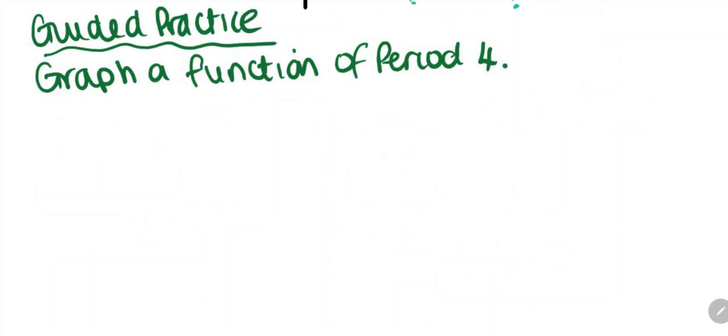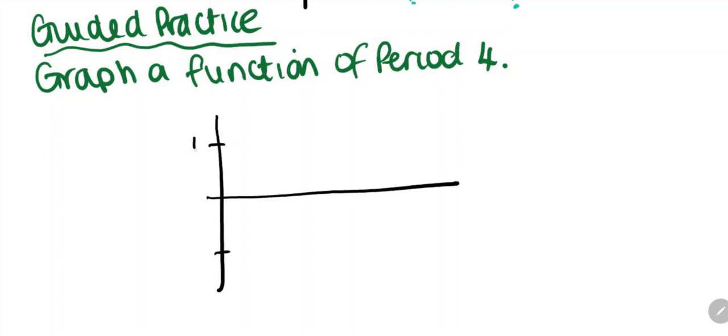Right, so the guided practice: graph a function of period 4. First of all we can do our axes, and we can say this is 1, and this is minus 1. We're looking to repeat a pattern at 4. So we could label this 2, 4, 6, 8, 10, 12.